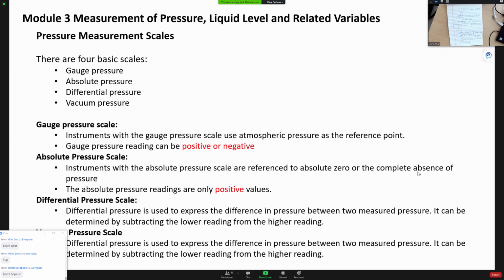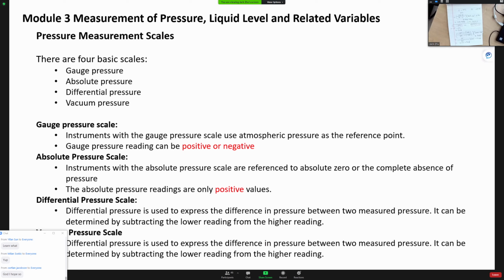They say complete absence of pressure because when we live on the Earth, there's atmospheric pressure. So the air on the surface of the Earth also has a certain pressure at any point.